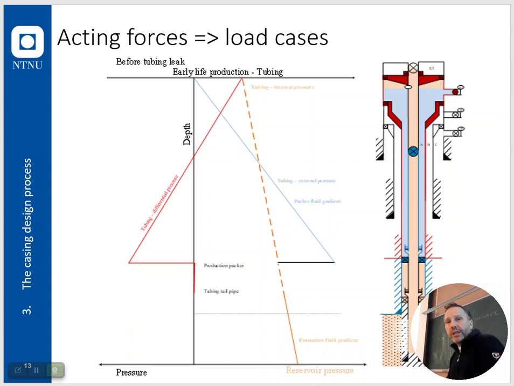You'll get curves like this. This is before tubing leak. Let's have a quick look. So here we see the production packer, pressure, reservoir pressure. We typically see the tubing.